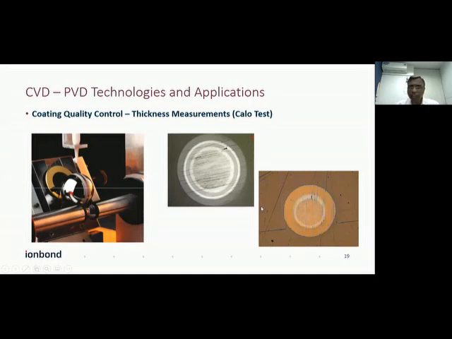So all those different layers we can see, and with a high resolution microscope we can measure the thickness of these coatings. So this is the Calo test, which is normally used to measure the thickness of the coating.